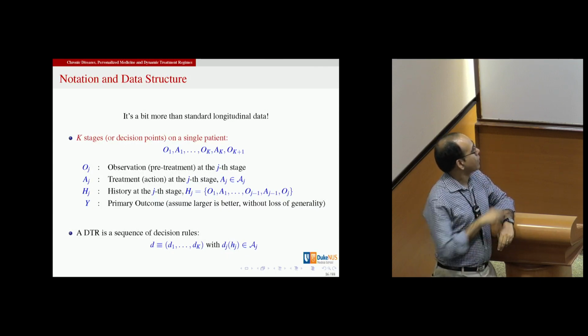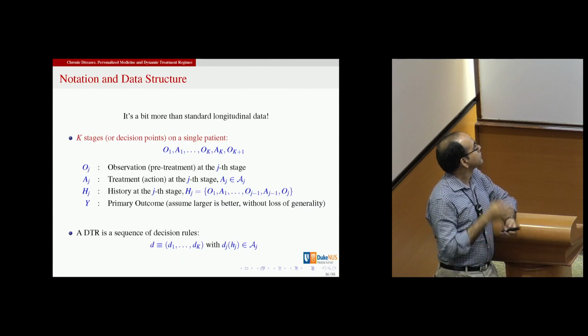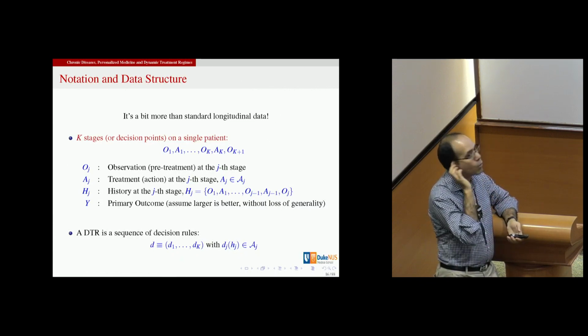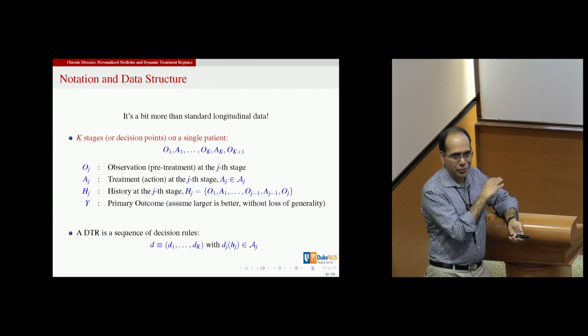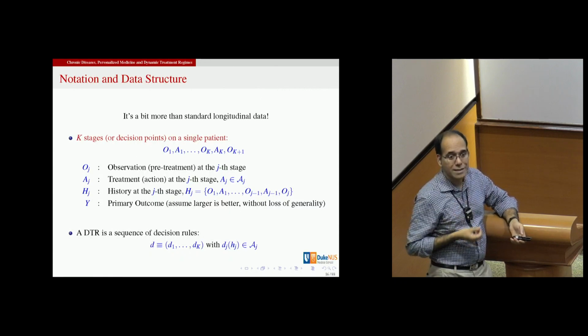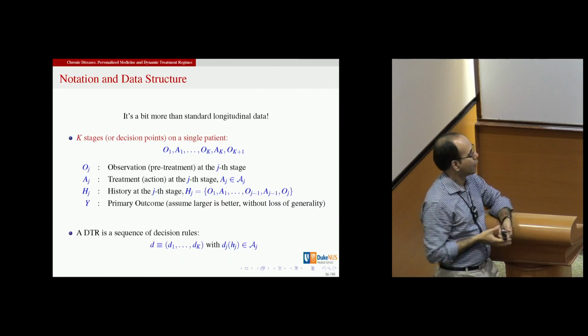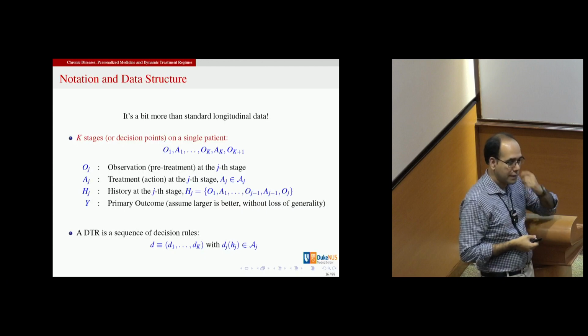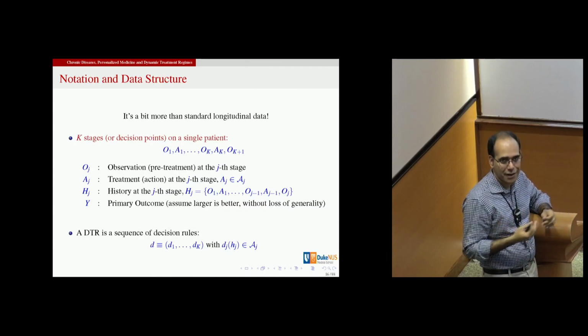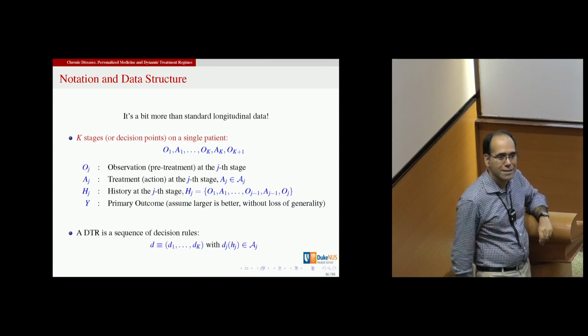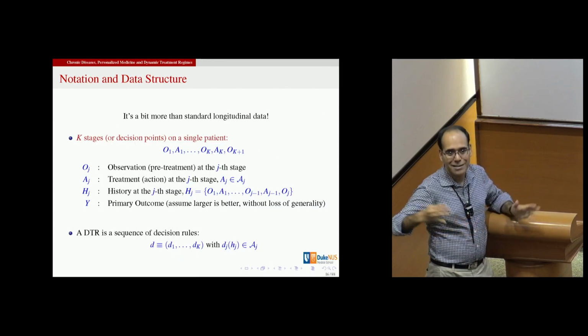And you might wonder why we are working with H as opposed to O. If you think clinically, a doctor always looks at the medical history, everything that has happened before. And you might want to work with some summary of that. If K is large, if the number of decision points is large, then H increases very fast.